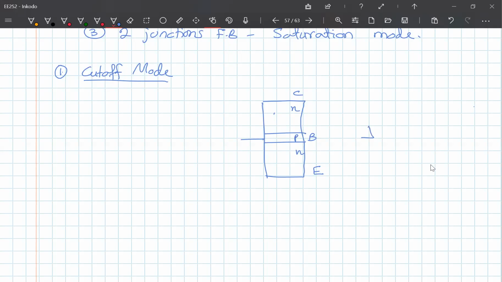Okay? This is what it looks like. So if you make both these junctions reverse bias, that means this has to be reverse bias as well as this. Like that. Right? So both are reverse bias.